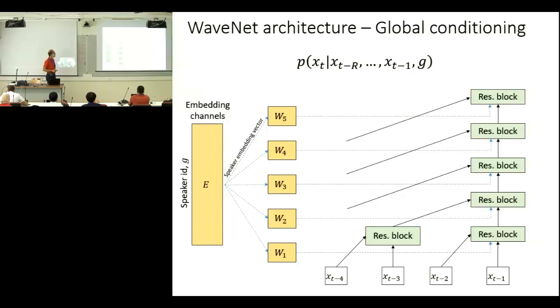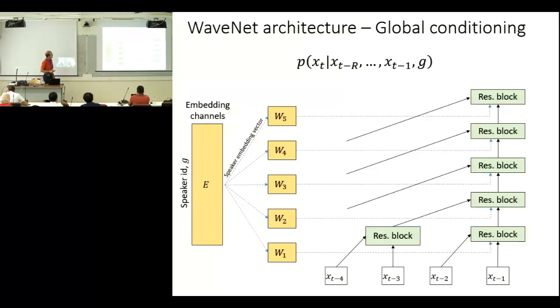If, for example, we want to generate speech of speaker 3, we choose the third row of this randomly initialized matrix. However, this matrix is also learned during the training.